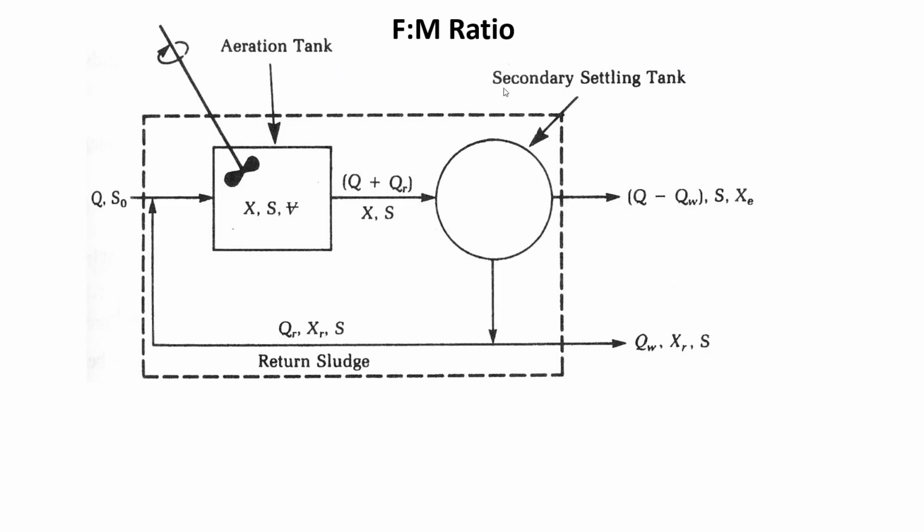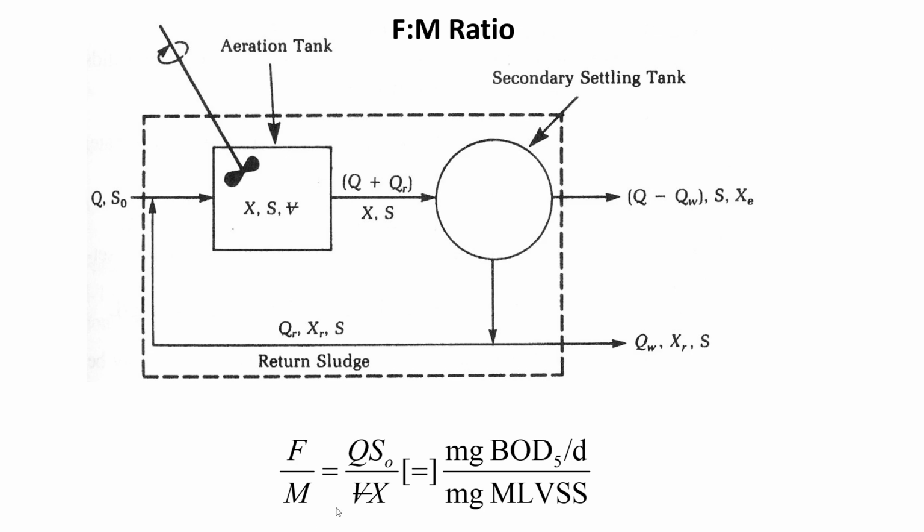So F to M ratio. The way that you calculate that is here as shown. The food is Q times the substrate concentration that's coming in. So that gives you how many milligrams of BOD per day are coming into the treatment plant. That's the food. It's a mass flow rate of food.